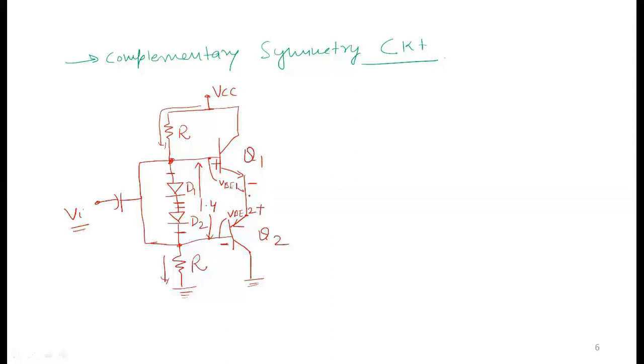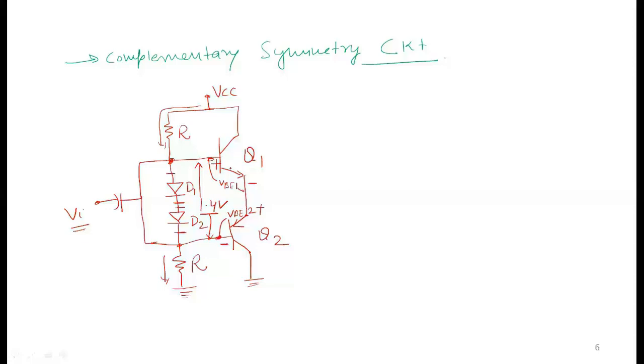So we can see that to keep the transistors at the onset of conduction, we require 1.4 volt between these two points. And due to the voltage drop across the diodes D1 and D2, we receive the 1.4 volt across these two points.